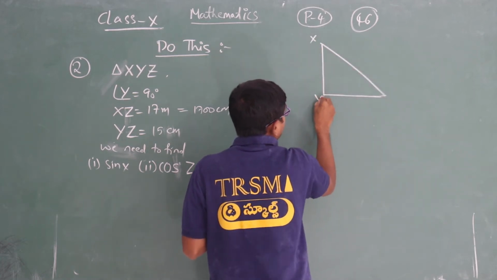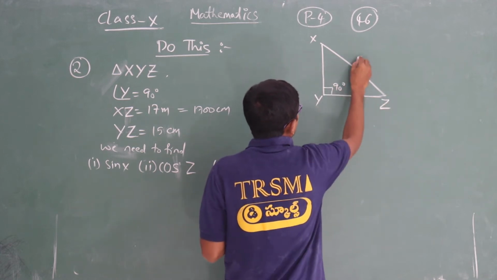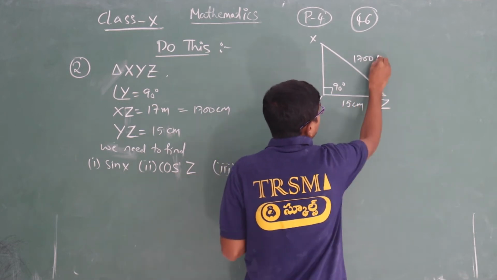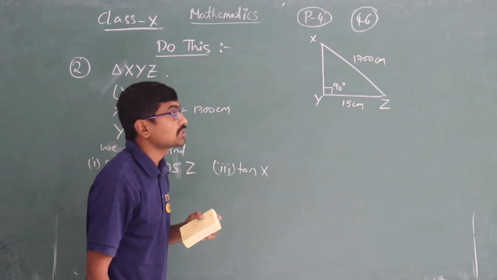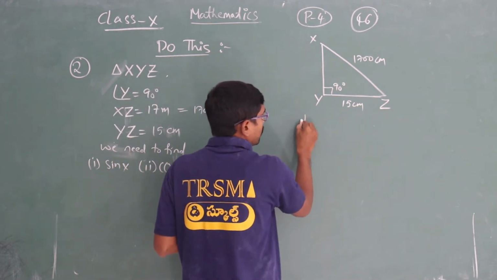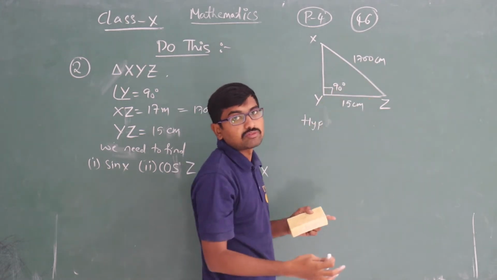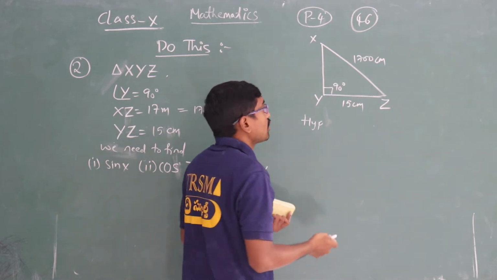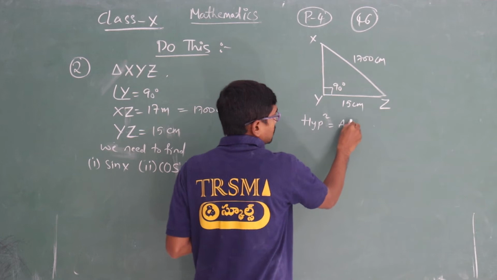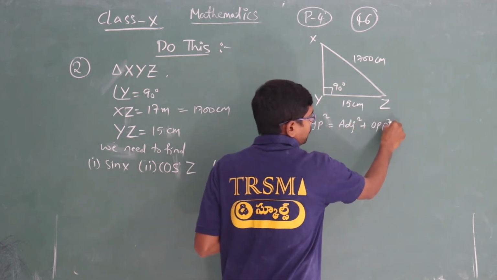This is X, this is Y, and this is Z. Here we have 90 degrees. This side is 1700 and this is 15 centimeters. First we need to find the XY value using the Pythagoras formula. Two sides are given and we need to find one more side. Hypotenuse square is equal to adjacent square plus opposite square, isn't it?